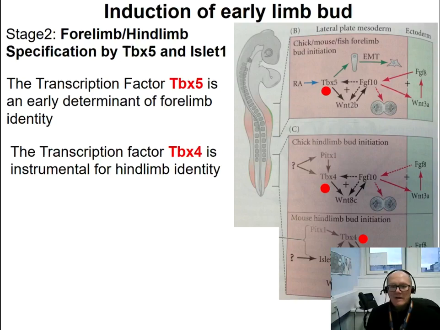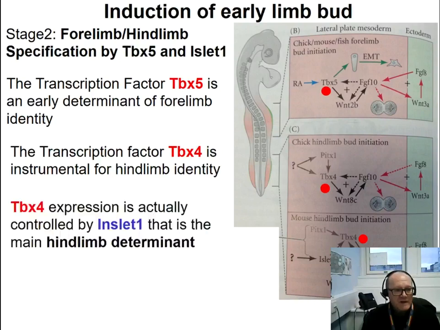In the posterior limb, however, instead of TBX5, we have expression of TBX4. And in fact, TBX4 is expressed because of Islet1, so Islet1 controls the expression of TBX4. It is one of the very early determinants of hindlimb formation, so the cells that will become hindlimb will express Islet1.